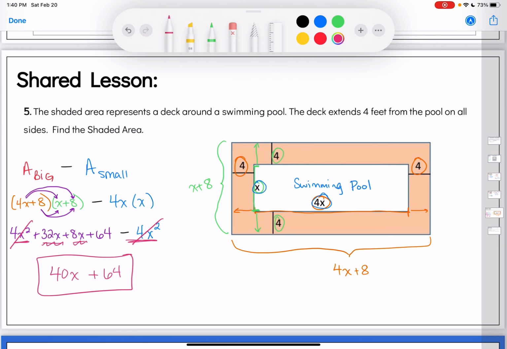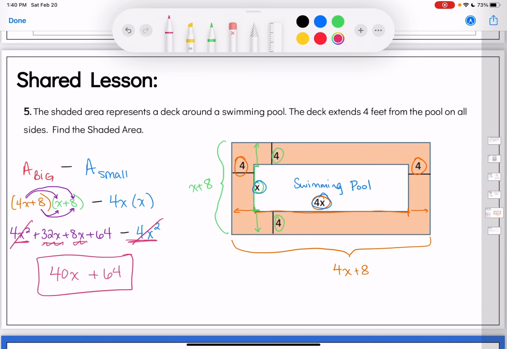But there is the area of the deck, right? That's the shaded area. Area of the big minus area of the small would be 40x plus 64. So however wide I decide to make my swimming pool, 40 times that width plus 64 will be the area of my deck that I'm going to have to build.